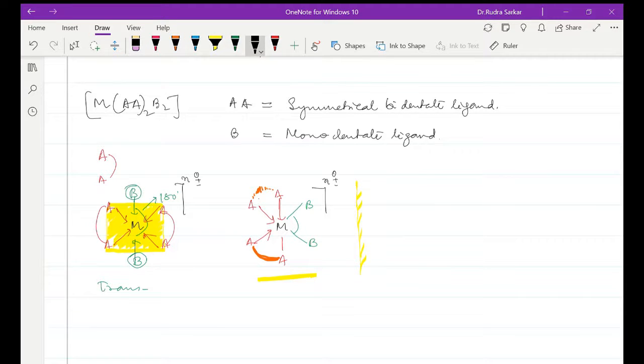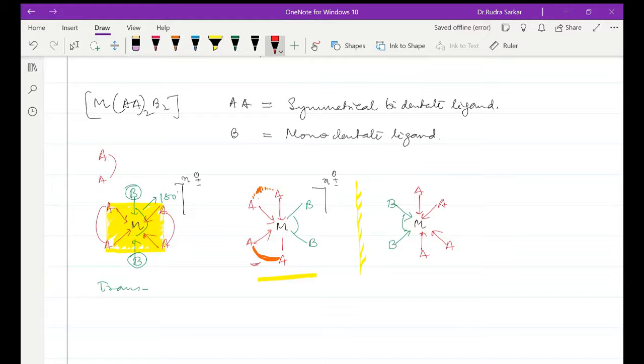And how do we draw the mirror image correctly? Mirror image means always lateral inversion. So the donor points will be lying at an equal distance from the mirror. Like this, we will draw the B, maintaining an angle of 90 degrees between each of them, and then the rest of the positions will be occupied by A out here.